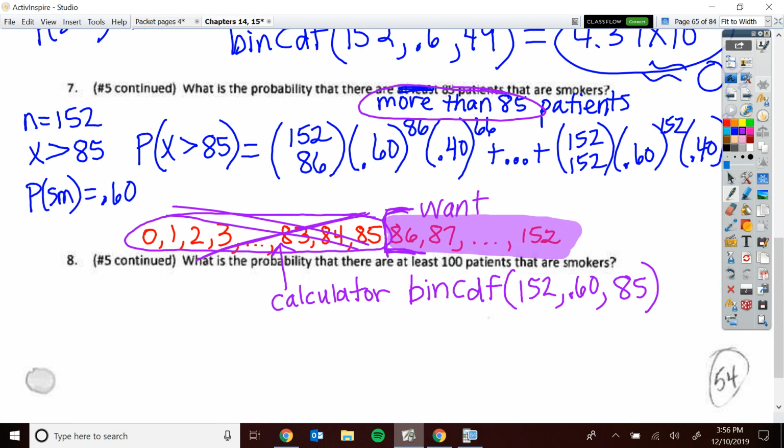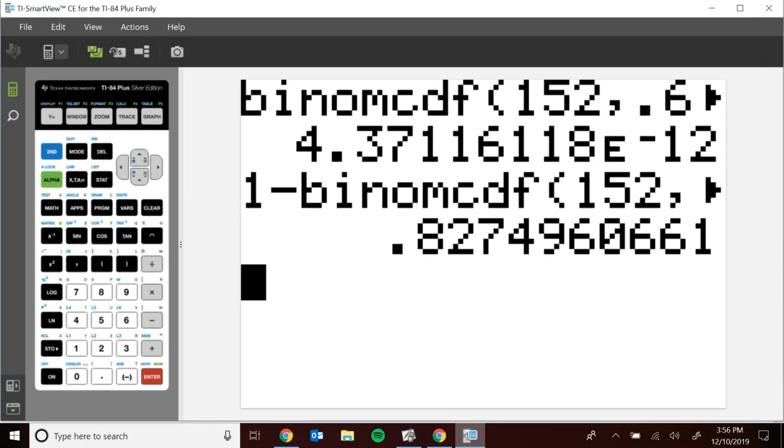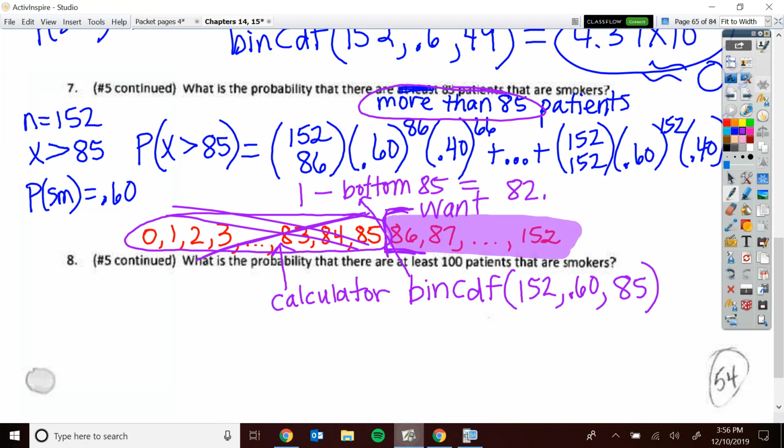So when I do 1 minus this binomial CDF, taking off the bottom 85, I get 82.75%.